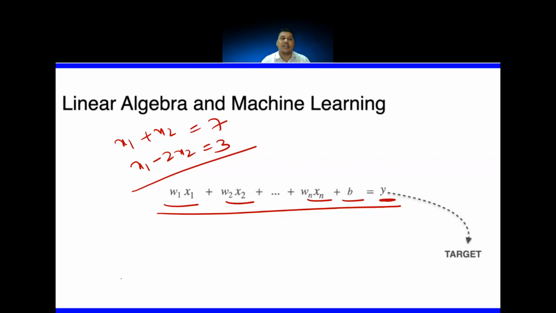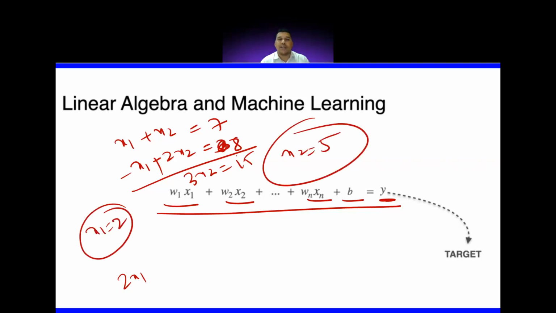Maybe I will write a simpler one: x1 plus x2 equals 7, minus x1 plus 2x2 equals 8. Two equations I have. If I just add them, it becomes 3x2 equal to 15. x2 is 5. Then x1 becomes 2. So I get values of x1 and x2.